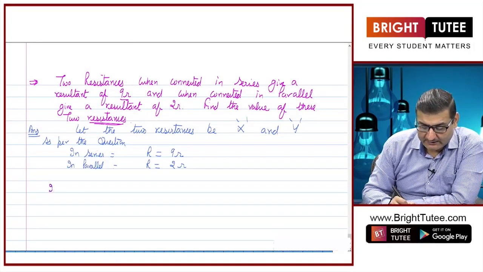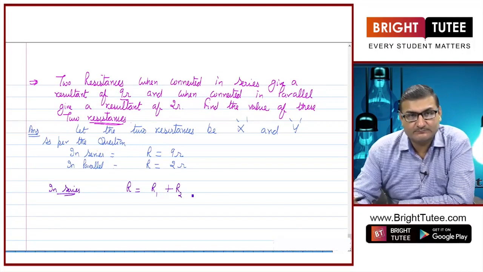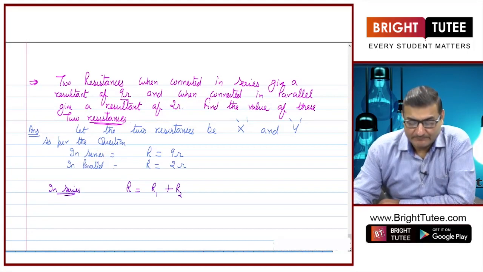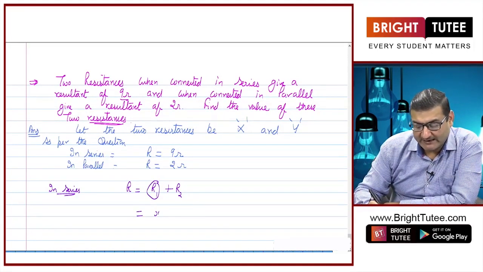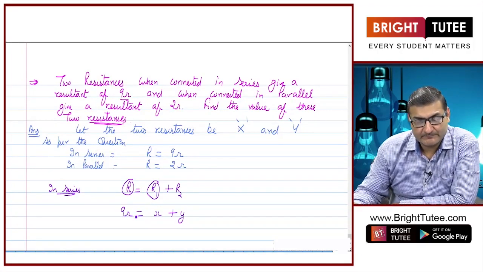Now, in series, I know that the total R is given out to be R1 plus R2, right. R1 I am not given, I have taken the value to be X. R2 I have taken the value to be Y. Total R is given to me to be 9 ohms, right.